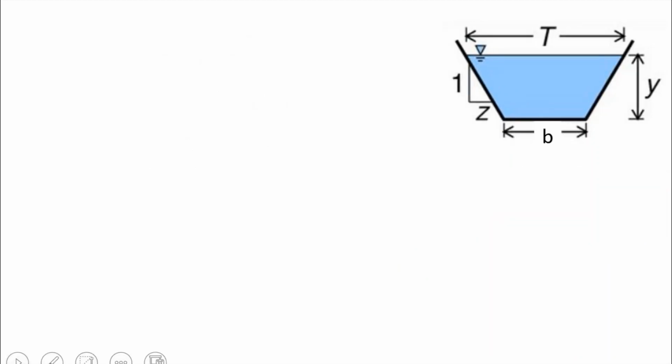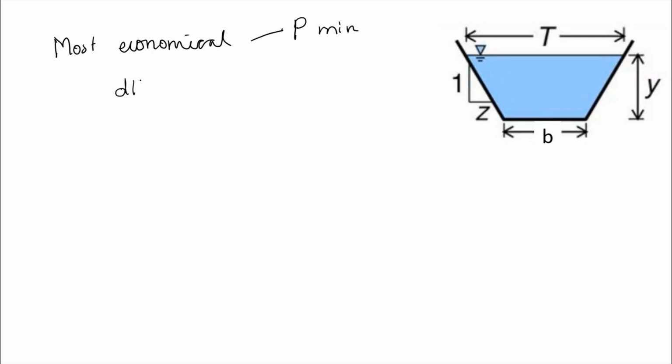Now we have our condition for most economical channel section: it should have P minimum, that is wetted perimeter minimum, or it can be written as dP by dy is equal to 0.